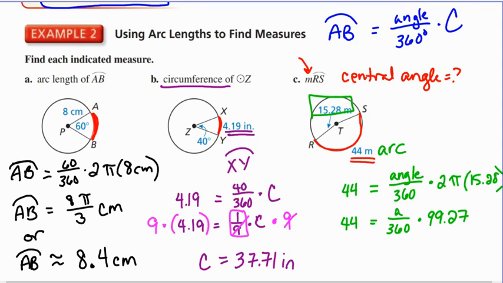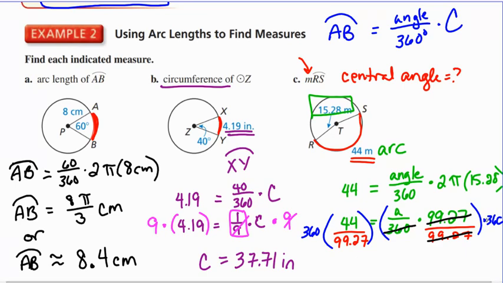And then in order to isolate the A, I'm going to go ahead and divide both sides by 99.27. And then I'm also going to multiply both sides by this 360 divisor. So times 360 and times 360, right? So just as a reminder, the 99.27 got canceled out by dividing, and this 360 got canceled out by multiplying.